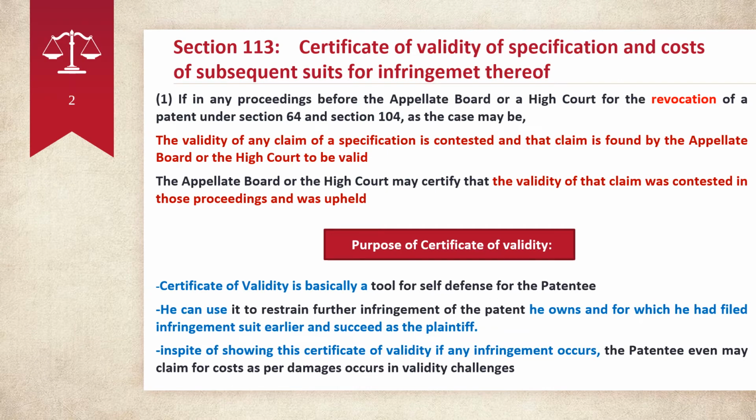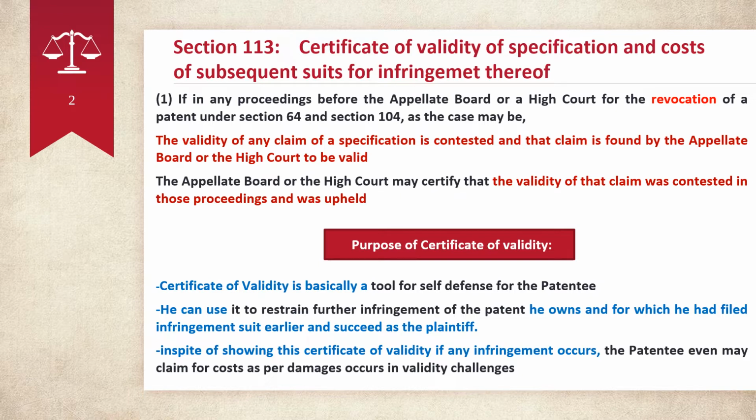Section 113: Certificate of Validity of Specification and costs of subsequent suits for infringement thereof. Subsection 1: In any proceedings before the Appellate Board or High Court regarding the revocation of a patent under Section 64 or Section 104, the validity of any claim of the specification is contested.